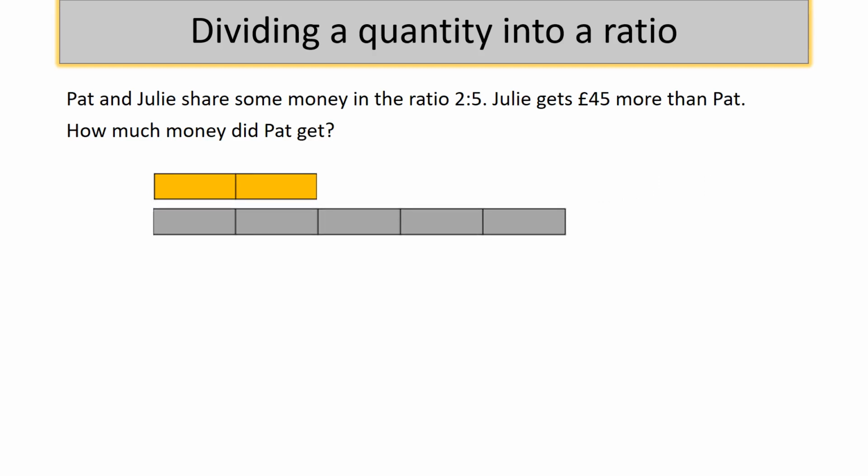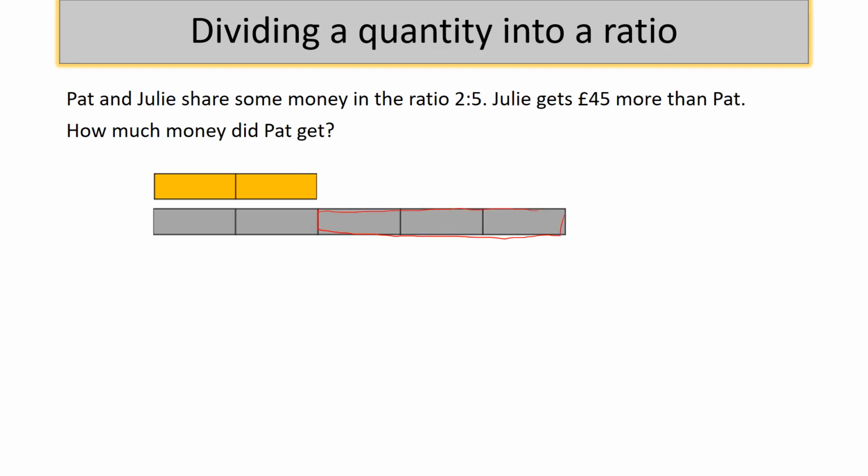So it's still the same ratio. Pat, that's the yellow boxes, and then Julie, that's the grey boxes. I have 2 and 5. However, I chose to show it like this so that you can see very clearly that Julie gets 3 parts more. So you can see that these are the 3 parts.